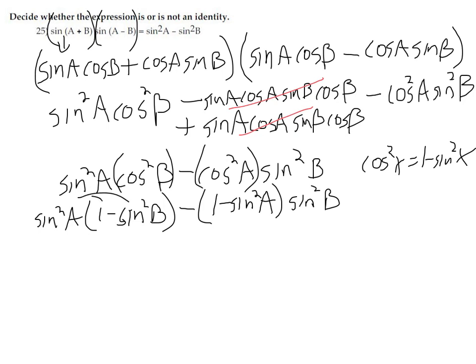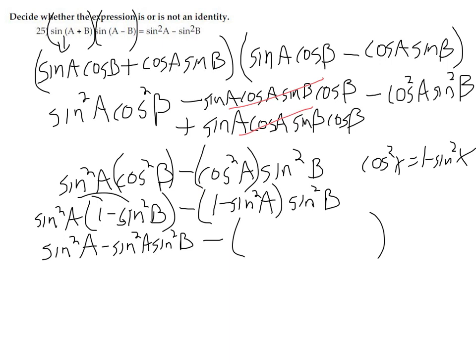This will be sine squared A minus sine squared A sine squared B minus, now inside here, since it's subtraction and there are going to be two terms, I need to be very careful with the distribution of the sine squared, but also the distribution of the negative. In fact, I think I'm going to do it in two different steps.